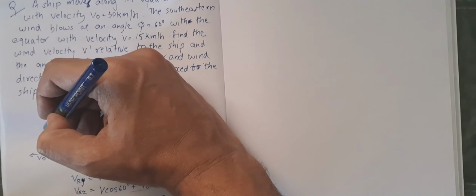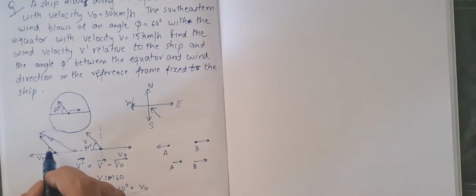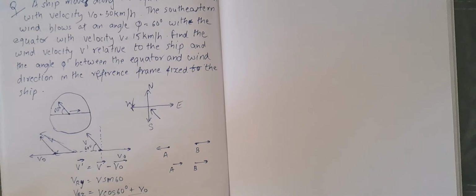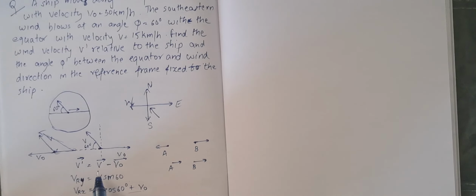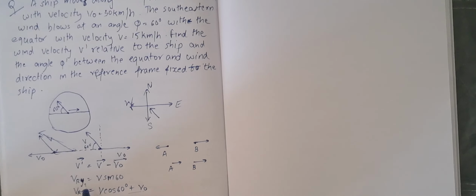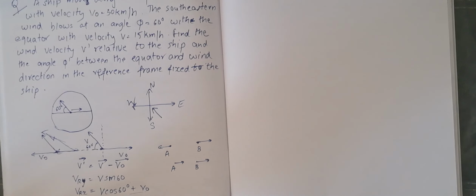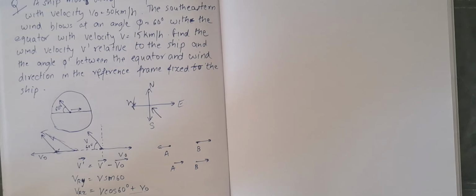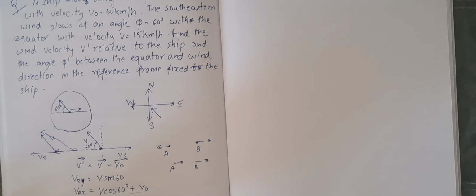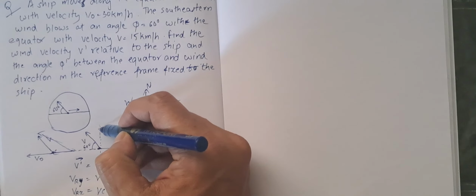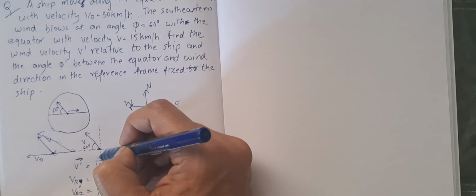The resultant, right? So VR is just V vector minus V naught vector. When you want to find V vector minus V naught vector, you just subtract the x components and the y components. As far as the y component is concerned, when I say y component, I mean this axis.